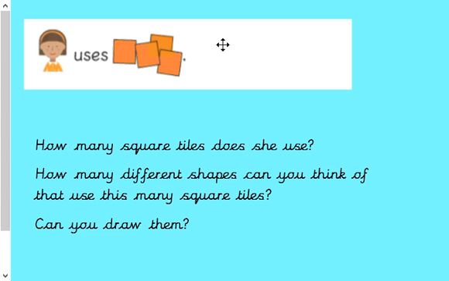So if you are struggling for squares, why don't you download that, and you could always use that. Okay, so first up this morning, then, how many different shapes can you think of that use this many square tiles? Press pause while you're working, and then press play when you're ready to discuss the answer.